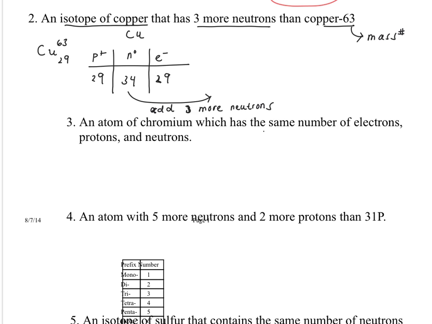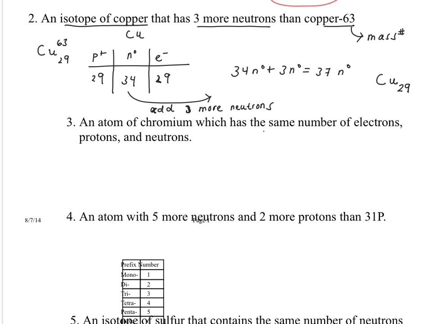If we add 3 more neutrons, right now we have 34 neutrons plus 3 neutrons, so now we have 37 neutrons in our new isotope of copper. Remember that the atomic number never changes, so that's always going to be copper 29.